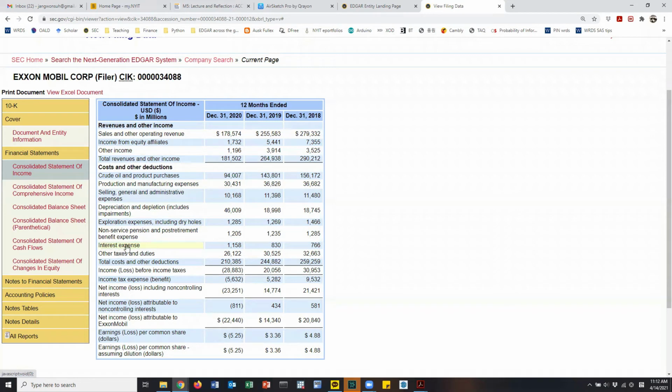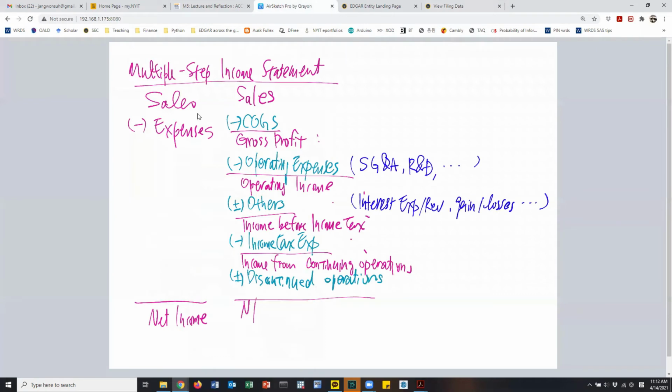And then you take out interest expense, and then you take out the tax and the like, right? All of these components are not as well arranged as this multiple step income statement, but it provides essentially all the information so that you can build up a nice looking income statement and calculate all of these different levels of profitability.